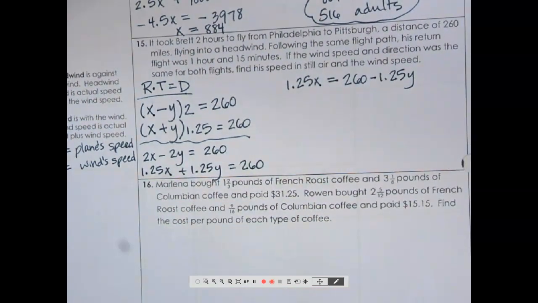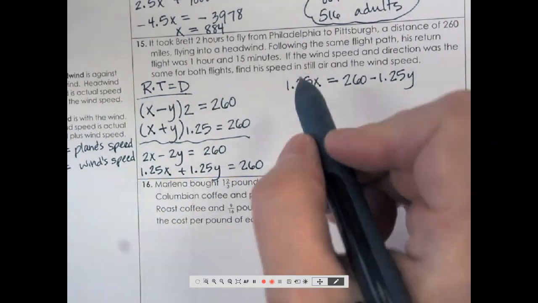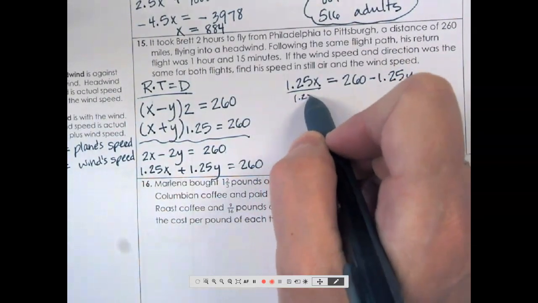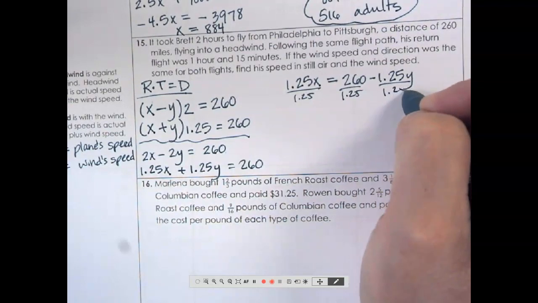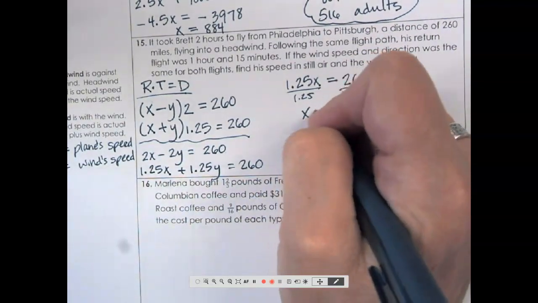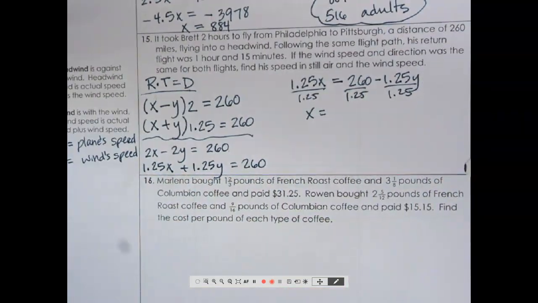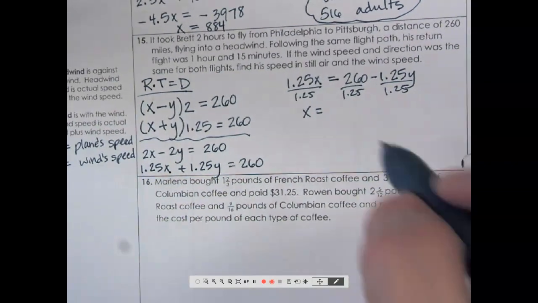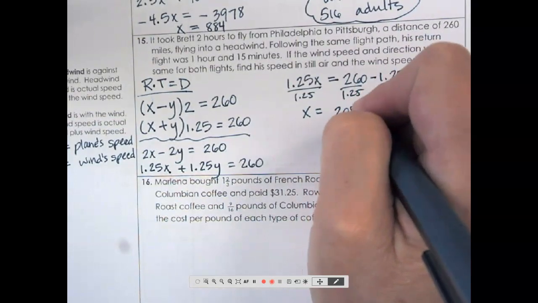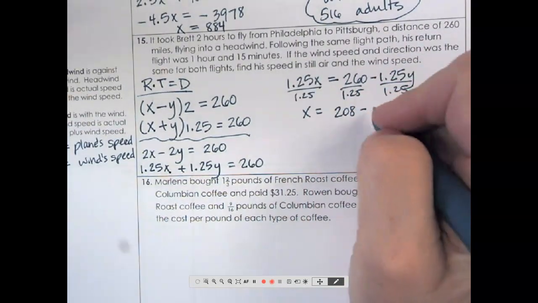Okay, so I moved 1.25y over to the other side. Now I'm going to divide everything by 1.25. So I get x equals 260 divided by 1.25 is 208. And then that's just 1y.